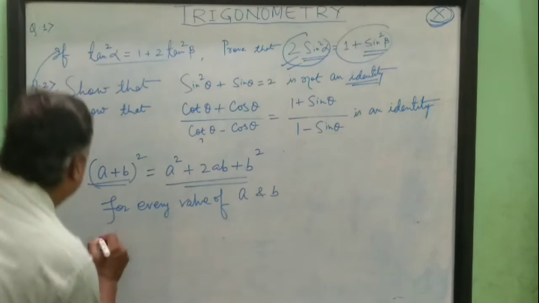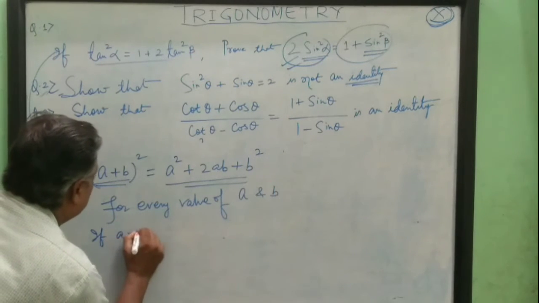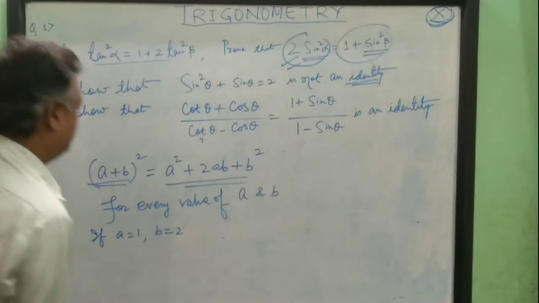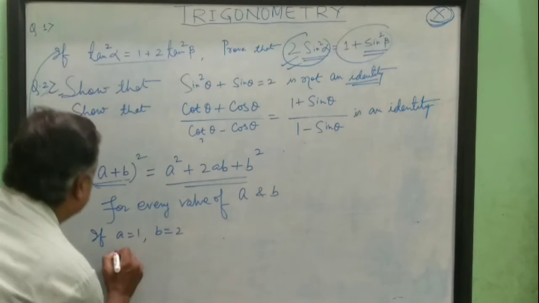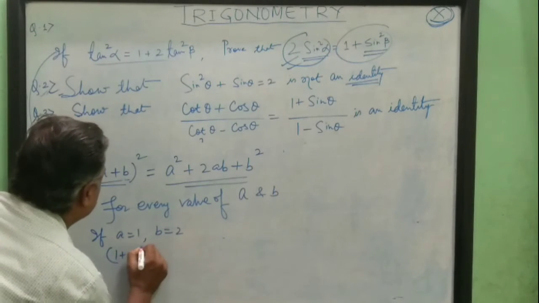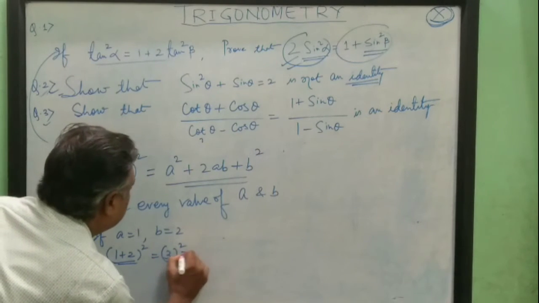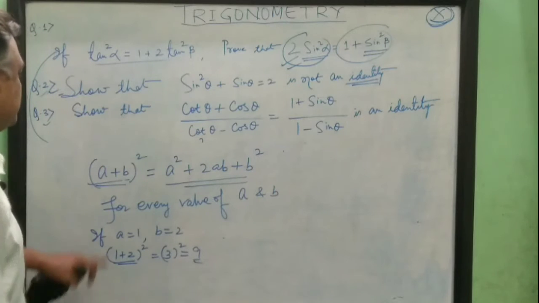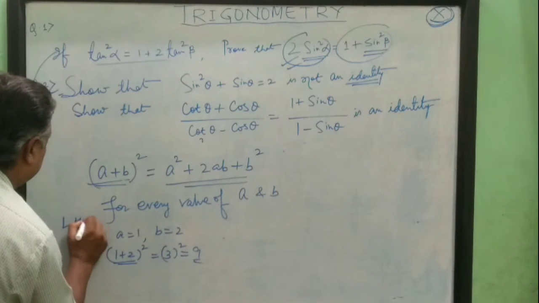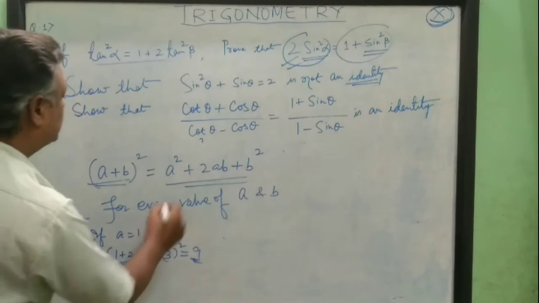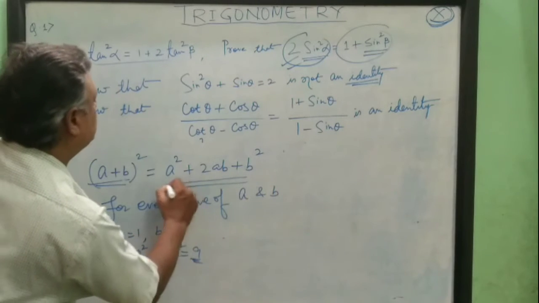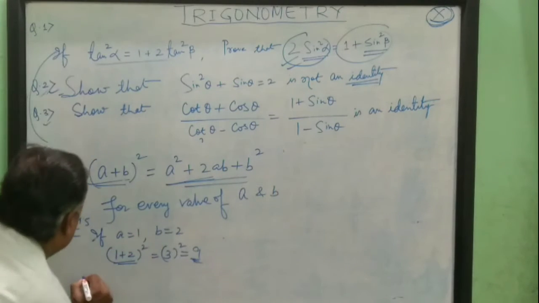If a is equal to 1 and b is equal to 2, so 1 plus 2 is 3, 3 square is 9, so LHS is 9. Put a is equal to 1 and b is equal to 2 in RHS.